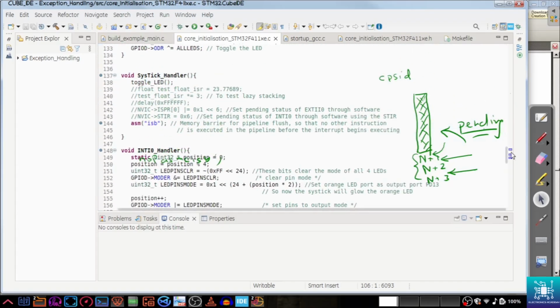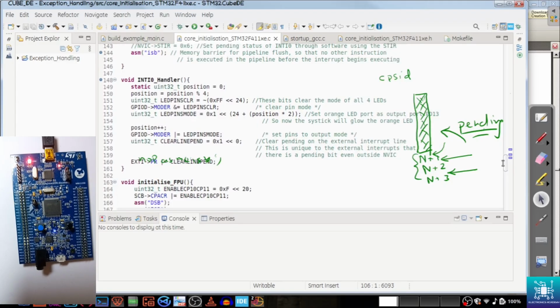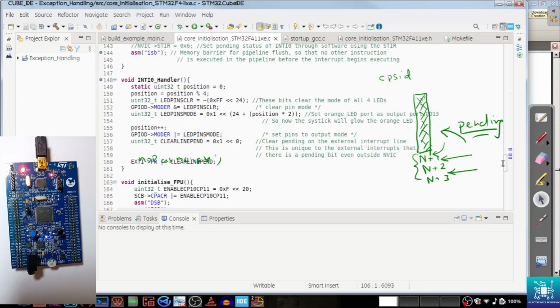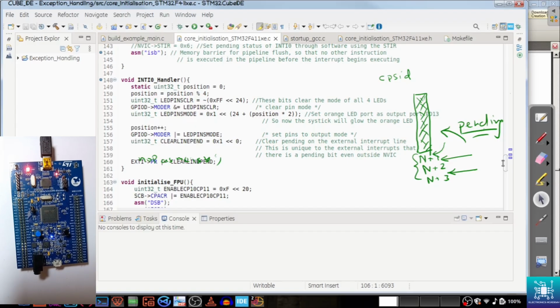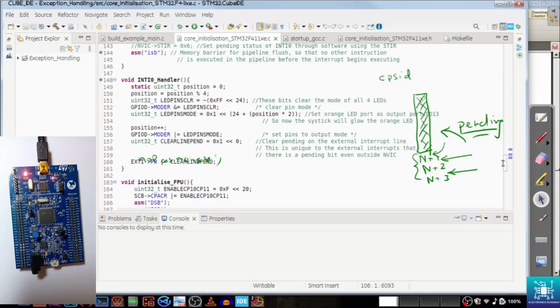Now we'll see a demo of the LED blinking every half a second, because for the Systick the toggle is for 0.25 seconds, so the LED is going to blink for half a second, and we are going to see a short video of the LED blinking.